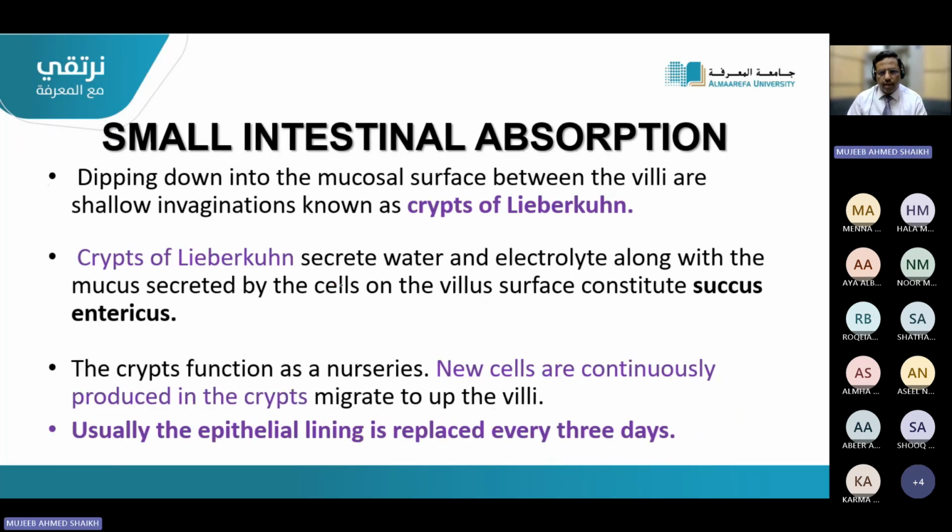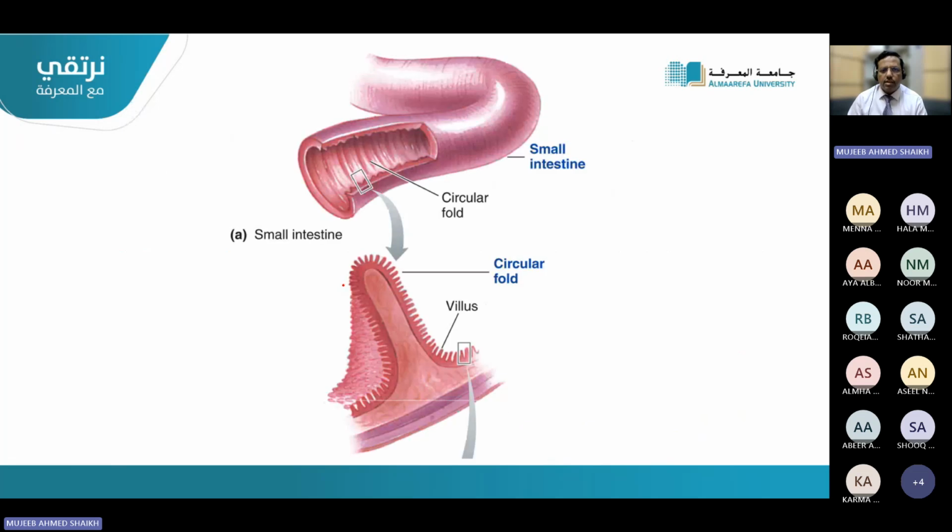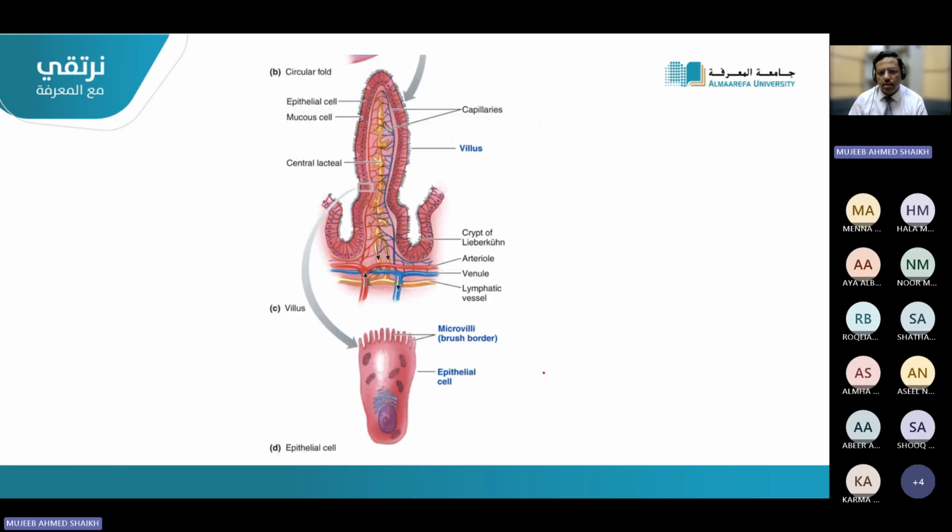So let me go directly to the picture, then you will understand. If you see this, these are the folds. Circular folds are found, and on these circular folds we again have a villus. If you magnify this villus, it will look like this. This is the villus which contains the epithelial cells. On the epithelial cells, these are the brush borders.